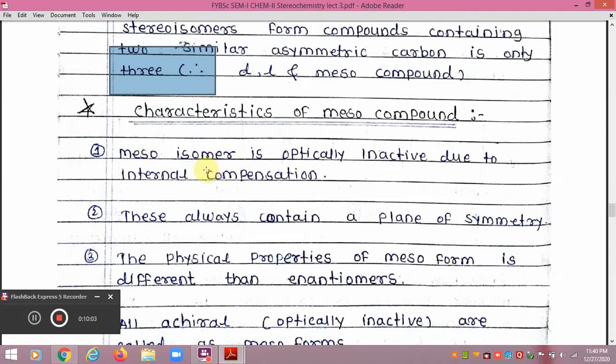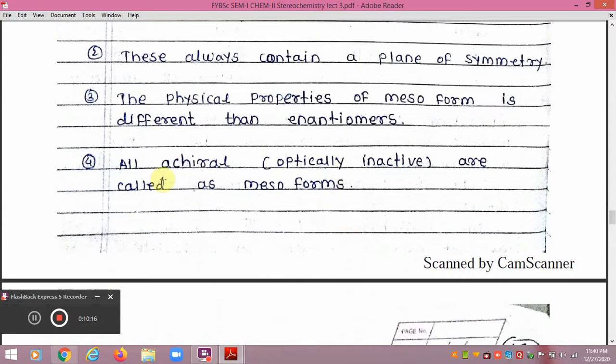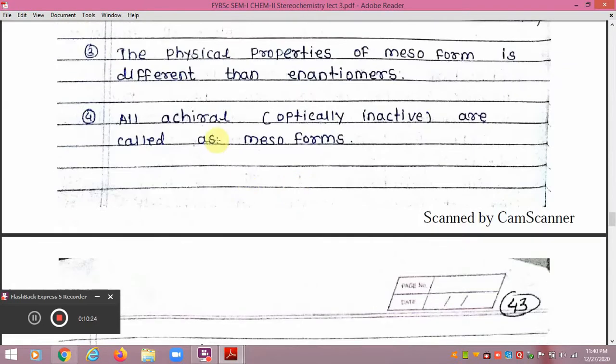The meso compound is optically inactive due to internal compensation. These always contain a plane of symmetry. Again, the physical properties of the meso form are different from the enantiomers, and all achiral, meaning optically inactive, compounds of this type are called meso forms.